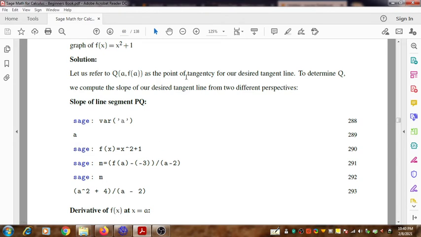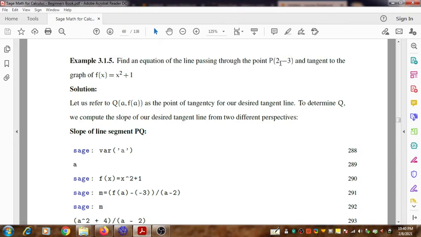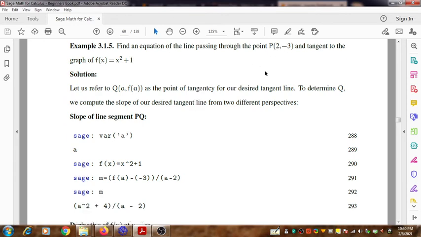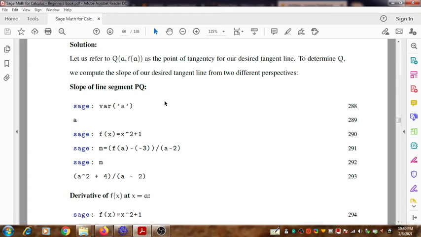This point is also important here: 2 comma minus 3. The point of contact is (2, -3), and therefore by considering (2, -3) as a fixed point on the line, you can take another point, a second point, and that's a variable point.